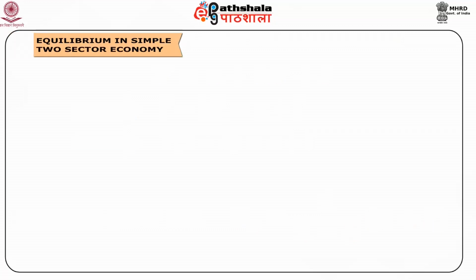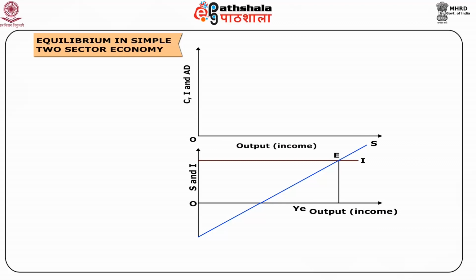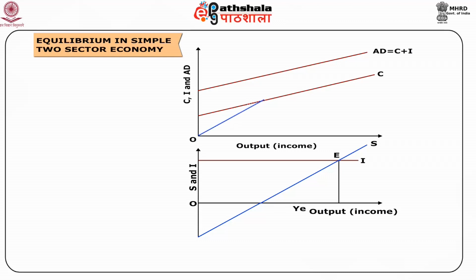This equilibrium income determination in a simple two-sector economy can be explained graphically too. The upper panel consists of the consumption curve and the demand curve AD. The horizontal axis measures aggregate output while the vertical axis measures the components of aggregate demand. The consumption function is given by C = A + BY.